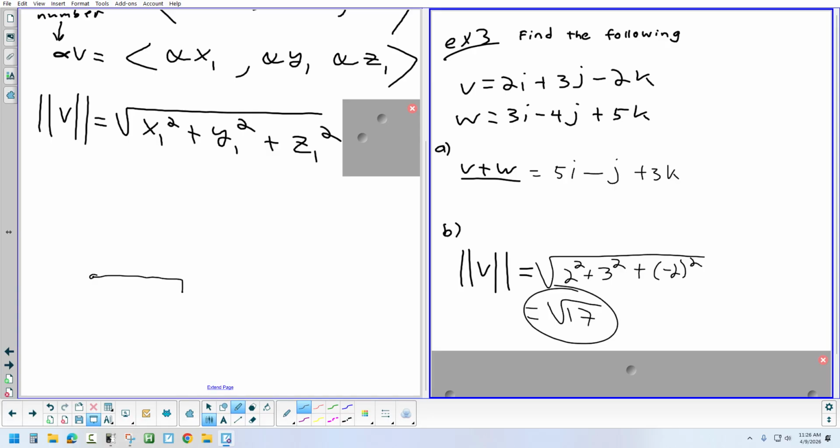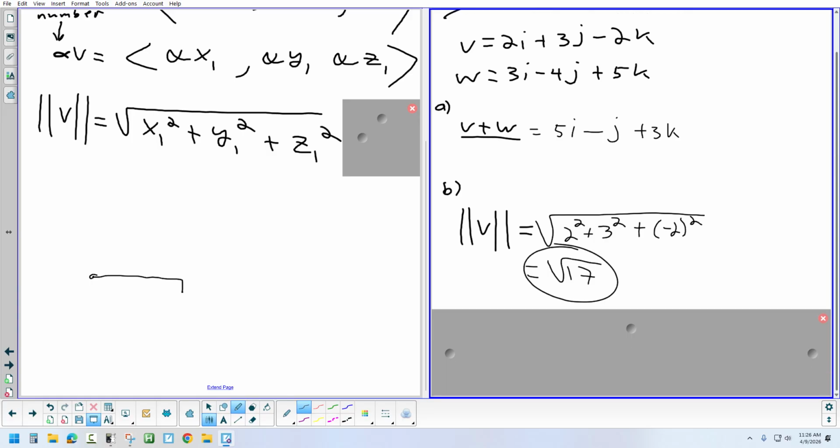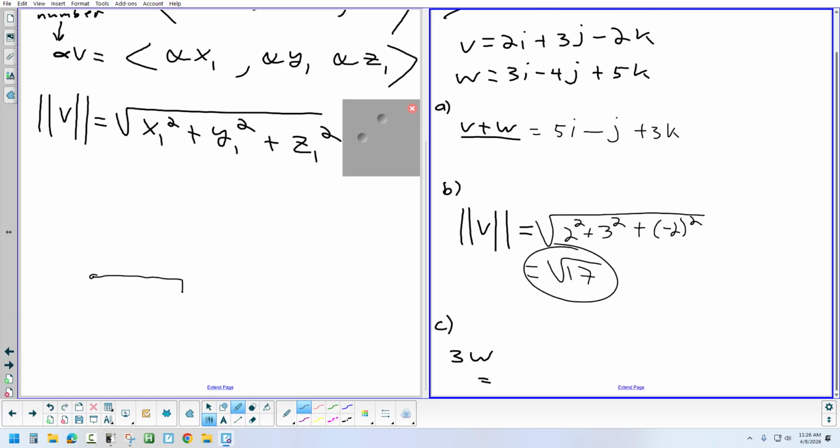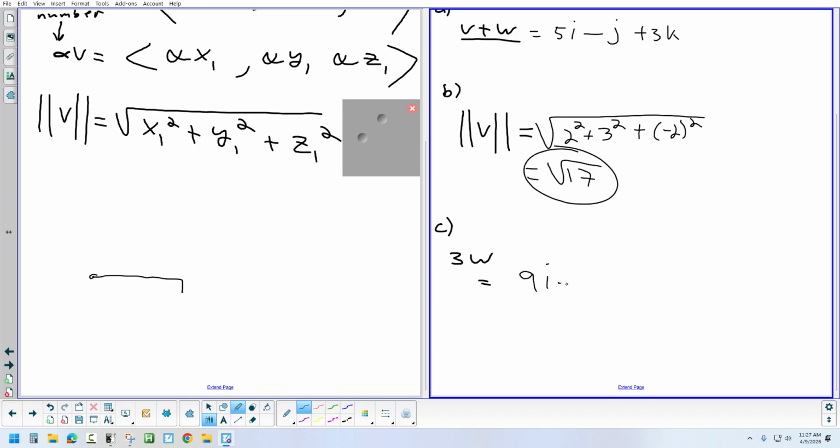Okay, so we added, we did magnitude, let's do scalar. Okay, they want us to find 3w. So what would you get if you took w and tripled it? 9i minus 12j plus 15k.